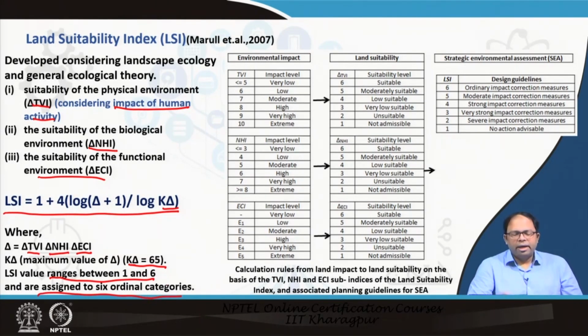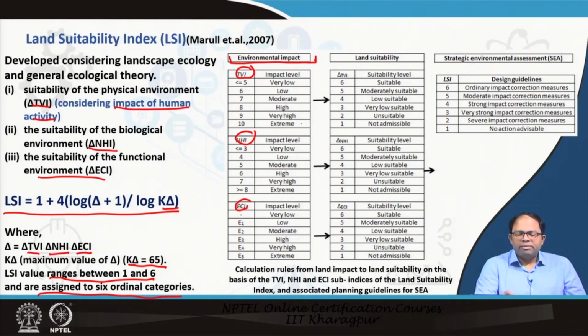So you can see over here the first, TVI, actually talks about environmental impact. So whether the impact level is low or high is calculated using this particular index. It is calculated for the TVI index, for the NHI index, and also for the ECI index. And from impact, we have to convert that to suitability, right.